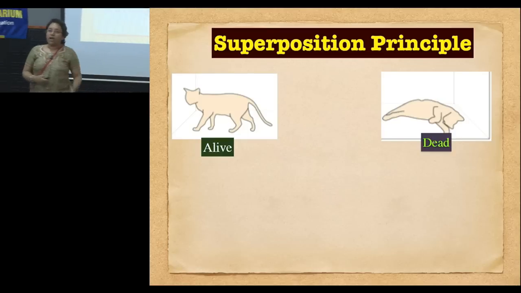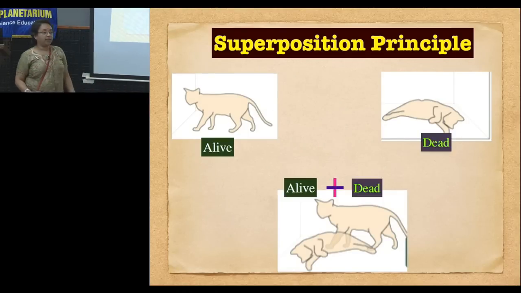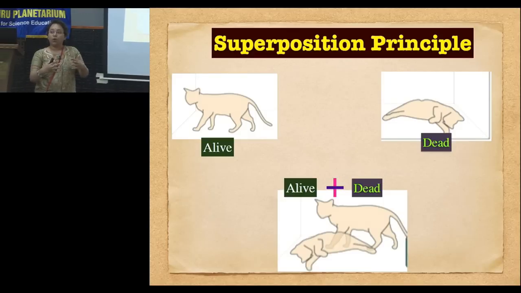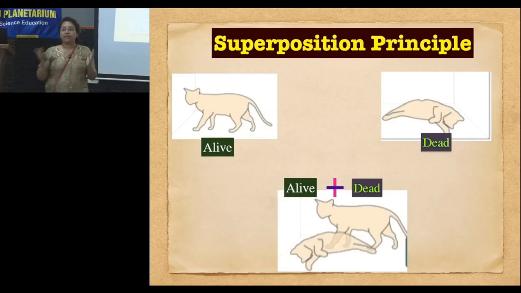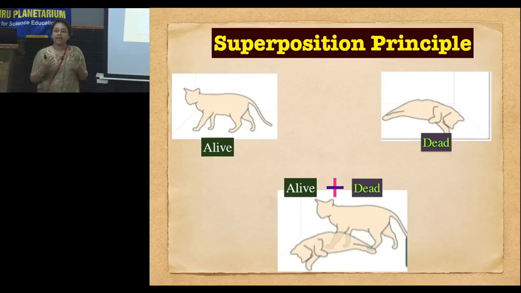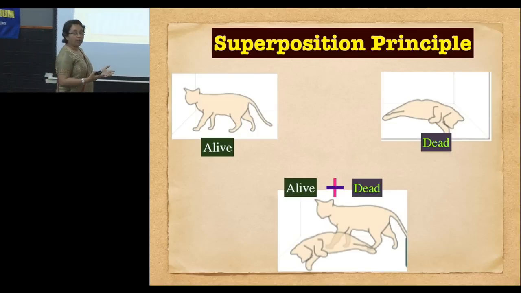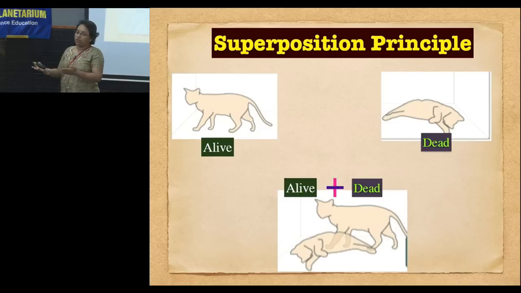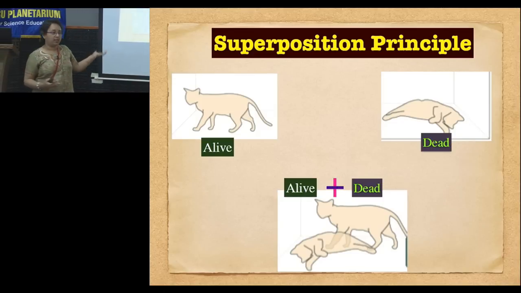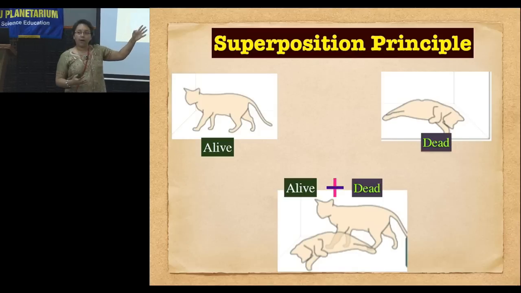So quantum mechanics tells us that there exist states which can represent alive plus dead together. And this is the superposition principle, and this leads to the qubit, or the quantum bit, which I just showed: alpha up plus beta down.